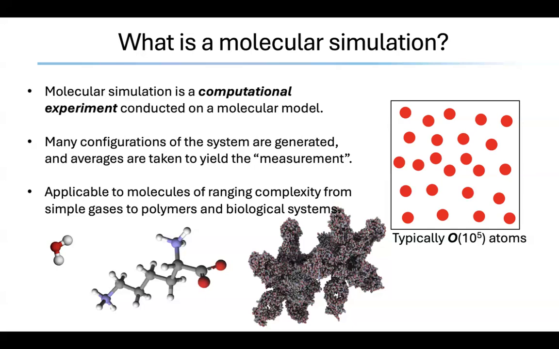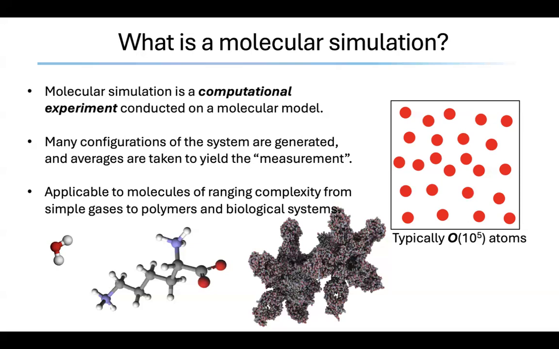Now, these simulations can be quite complex. They can simulate systems as simple as monoatomic gases like argon and krypton, to quite complex materials like polymers and even biological systems.